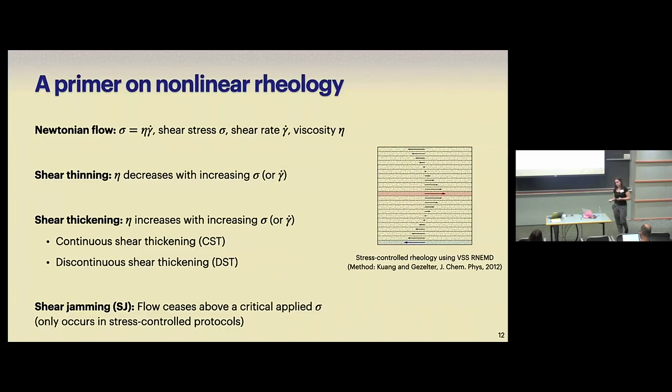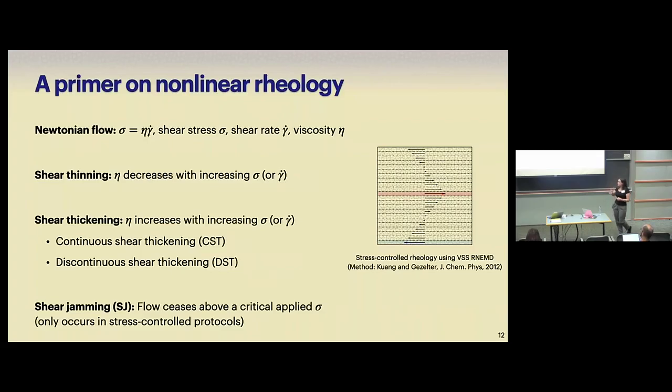If, as you increase the stress, the viscosity decreases, that's shear thinning. If, as you increase the stress, the viscosity increases, that's shear thickening. This can either be continuous shear thickening, where, as the name suggests, the viscosity increases continuously with stress, or discontinuous shear thickening, where at some applied stress the viscosity will jump discontinuously.